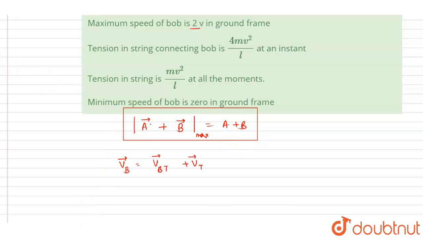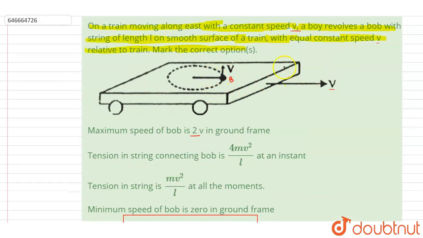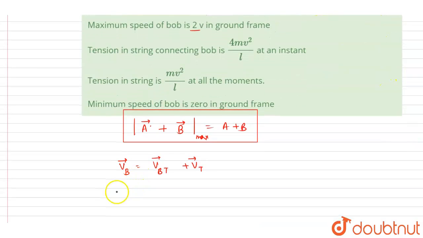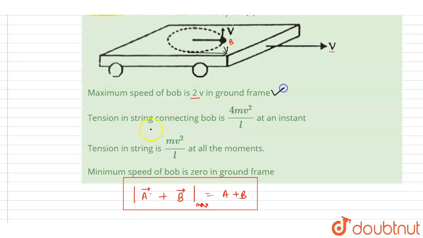So when the bob is here and the velocity is like this, its velocity with respect to the ground will be maximum. We write the velocity of the bob as v plus v, that is 2v. So you can check, in the ground frame, yes.